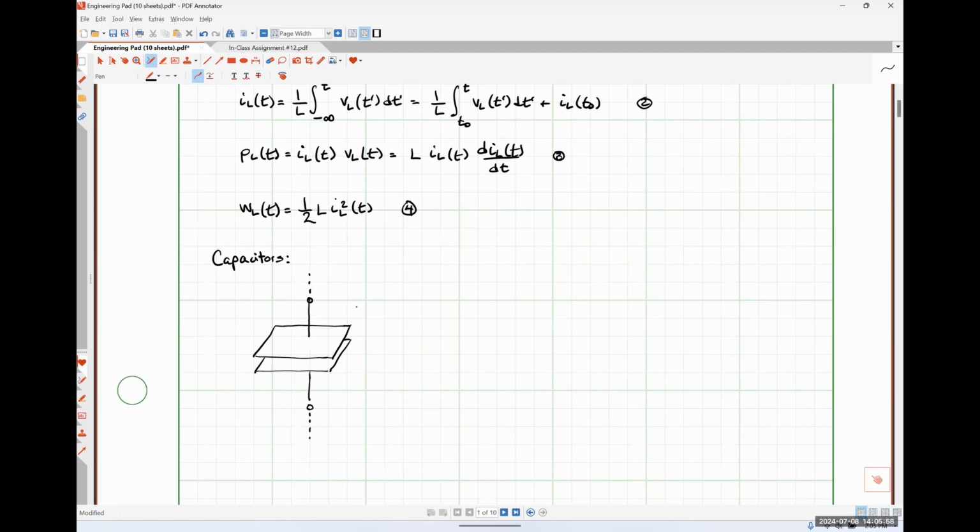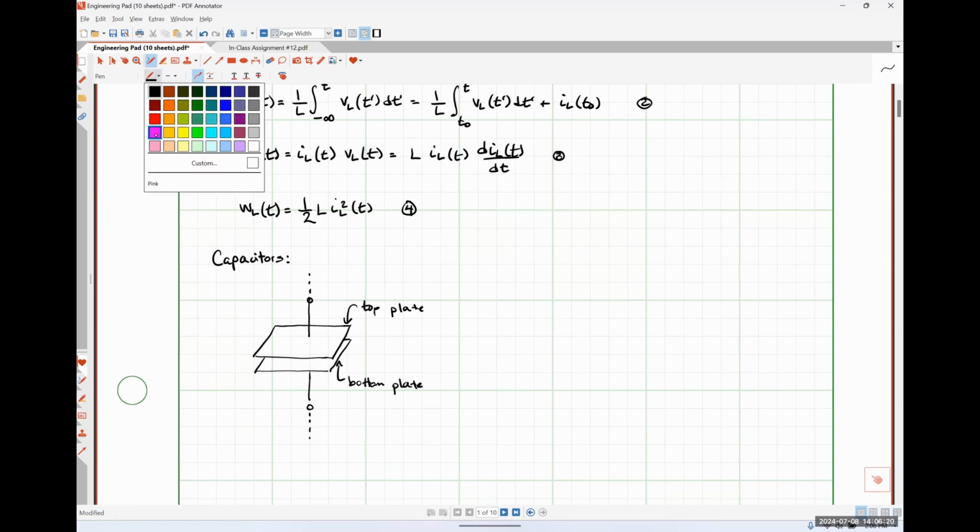So we have what's called a top plate. We have a bottom plate. And then in between these two plates is an insulating material. Now that insulating material can be air, could be a vacuum, but more often than not, it is what's called a dielectric material.